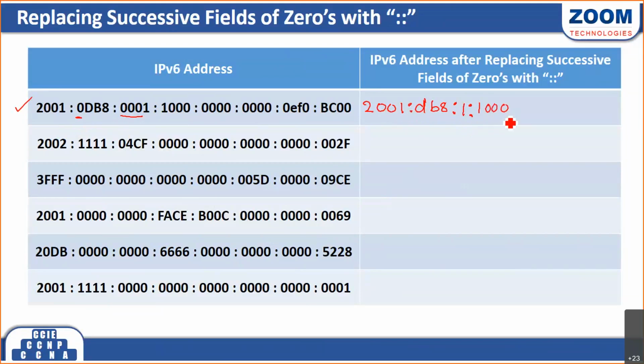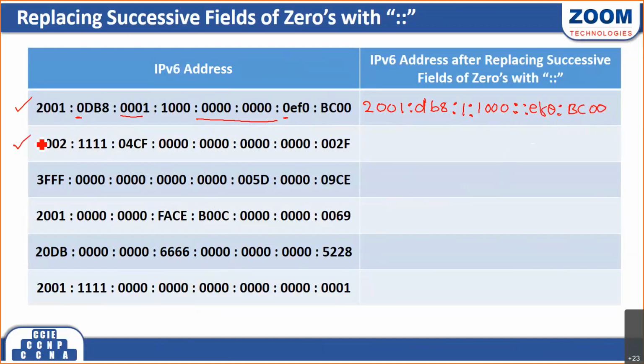Then double colon, because multiple fields of zeros we can represent with a double colon. Perfect. Then EF0, leading zeros omitted, then BC00. Very good, guys. Exactly, so we can represent it like this.